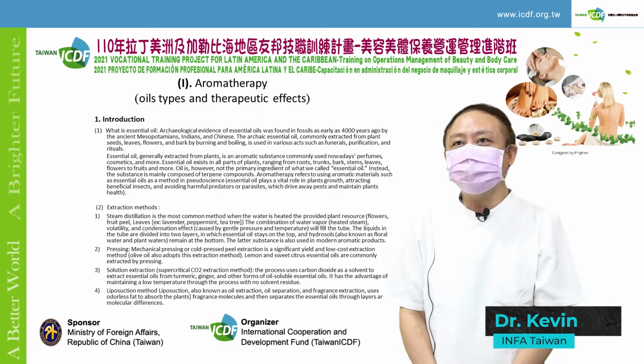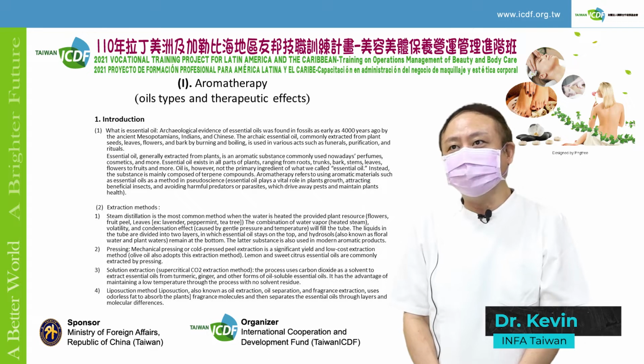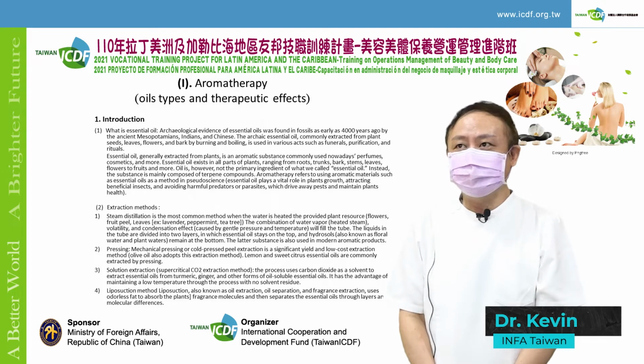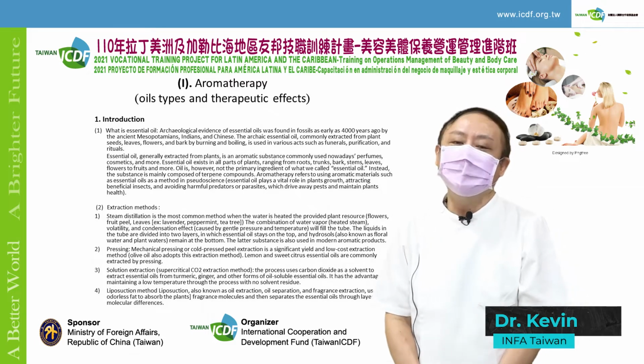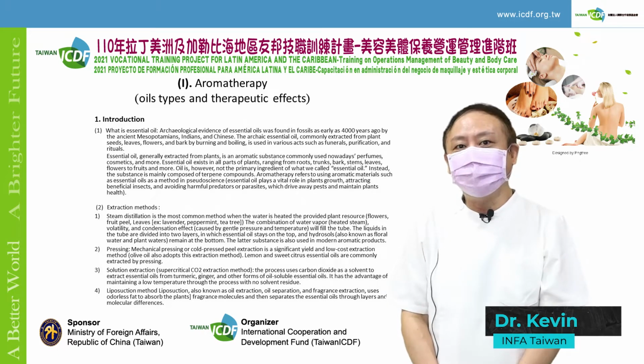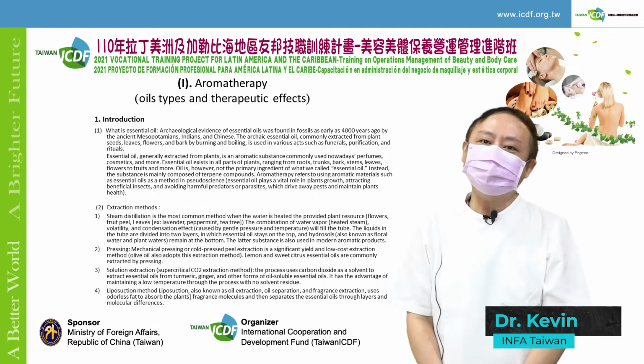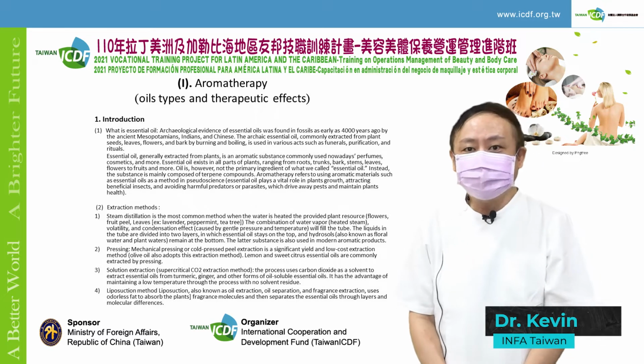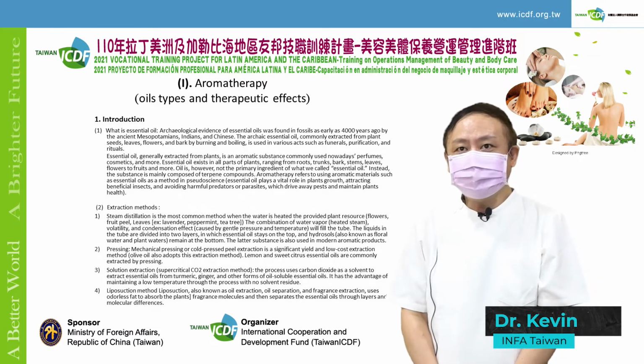Okay, so first one, what is essential oil? So it'll be picking the oils and what are their effects. So essential oil, you have probably tried some essential oil before.